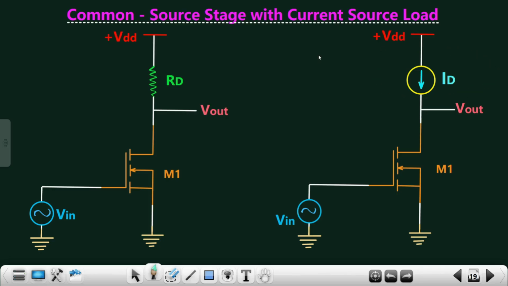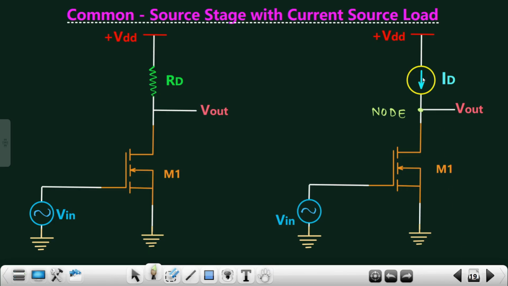Focus over here: this current, ID, the constant current source, is moving from VDD to a certain node. I'll highlight this point so that you do not get confused, as I have seen most people getting confused right here. So this is my node.